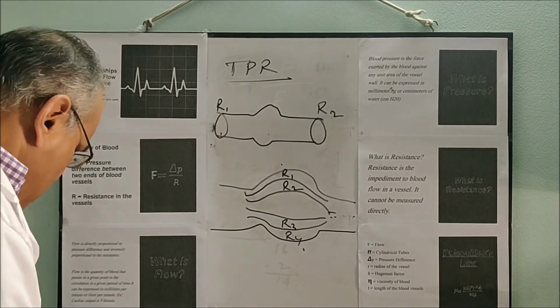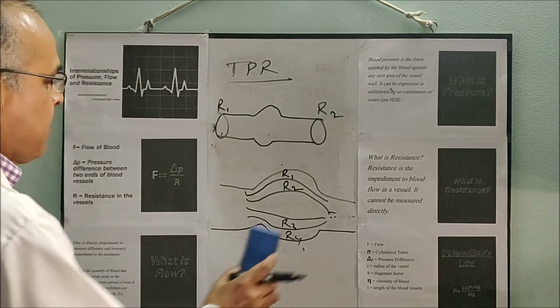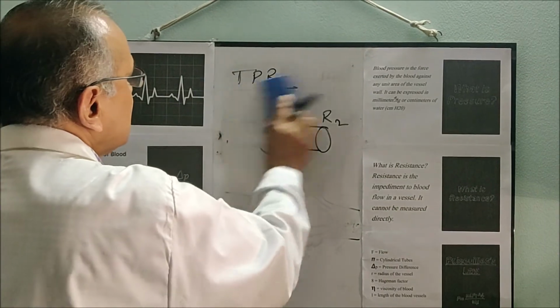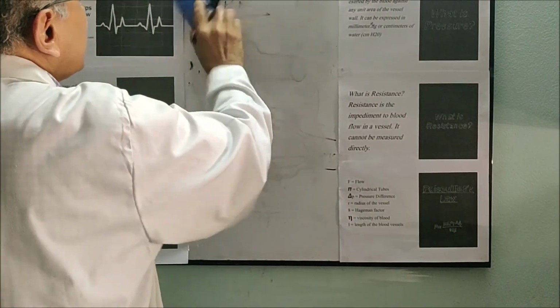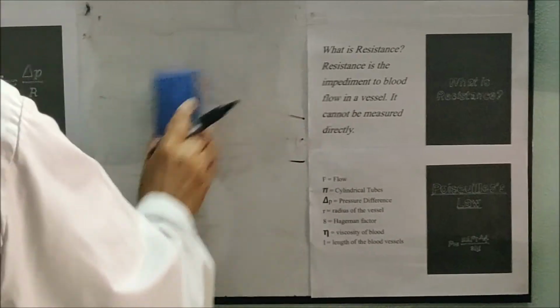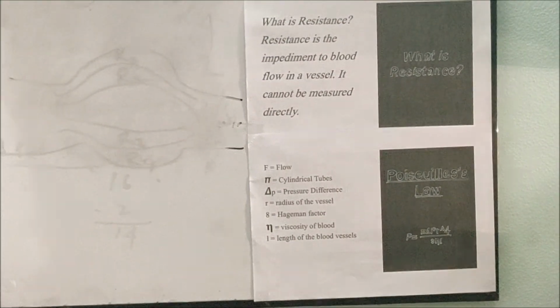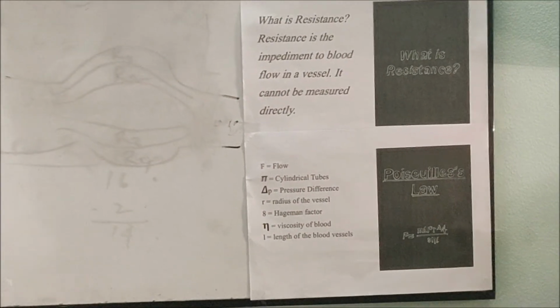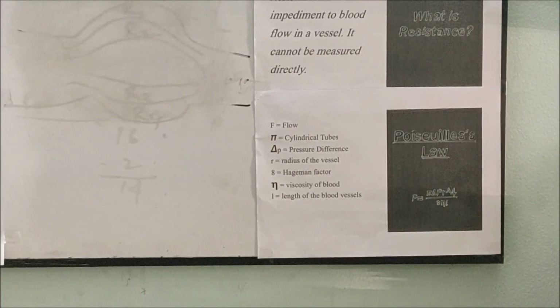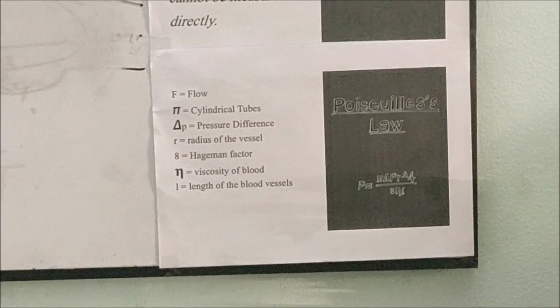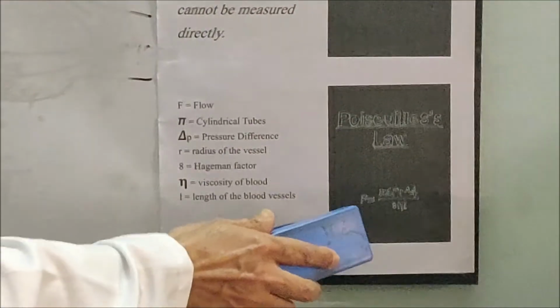Now, in 1840, the French physician Poiseuille described that blood flows through cylindrical vessels. It is not a straight line, it does not pass through a wire, but through cylindrical vessels. This is Poiseuille's law.